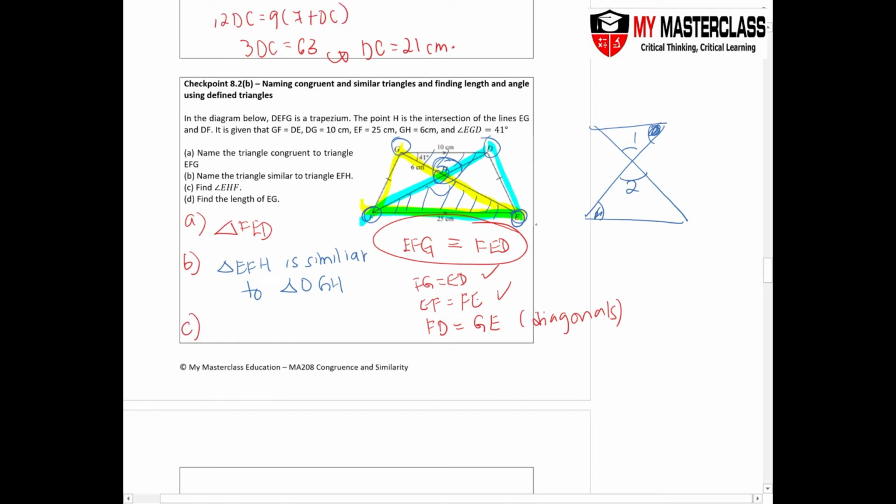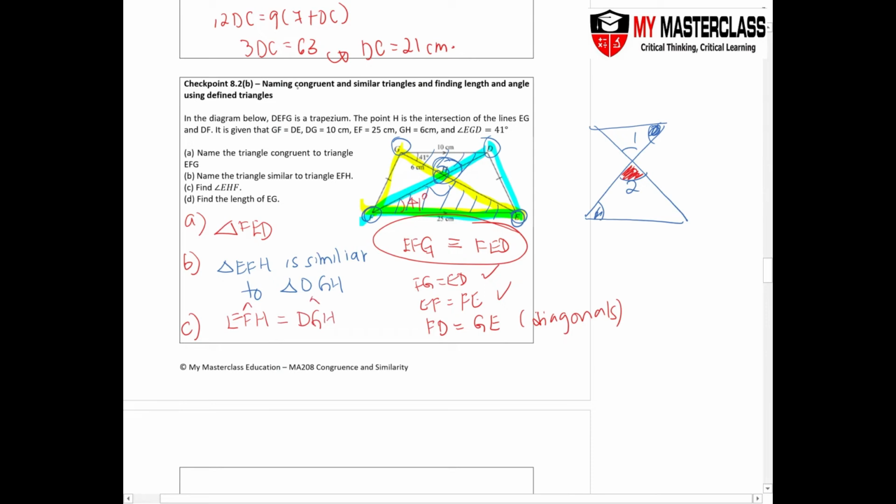Then let's take a look at EHF. EHF is this particular angle here, the one that I'm shading in red. Now, once we know that EFH, because it's similar, is also DGH, so they're equal, it means that this is also 41.